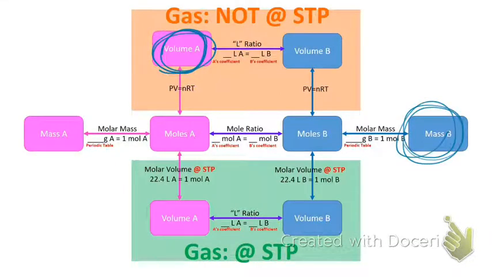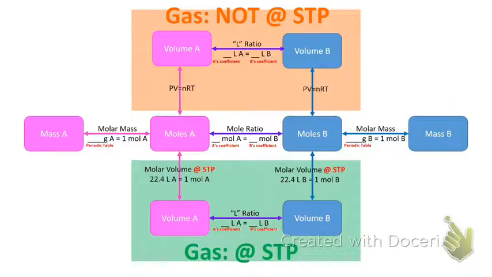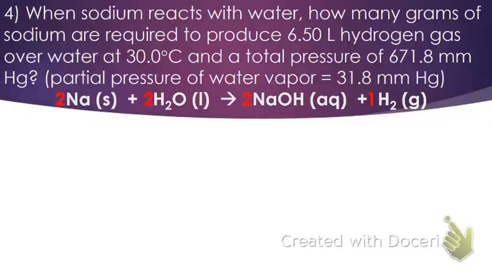I'm trying to get to grams. So my first step is going to be to take these liters to moles using PV equals nRT. I'm going to be solving for moles, solving for n. Once I get that number, I'm going to start my dimensional analysis. And I'm going to turn those moles into the moles of what I'm looking for, and then those moles into grams. So, same way when you solve your question number 3 on your own.